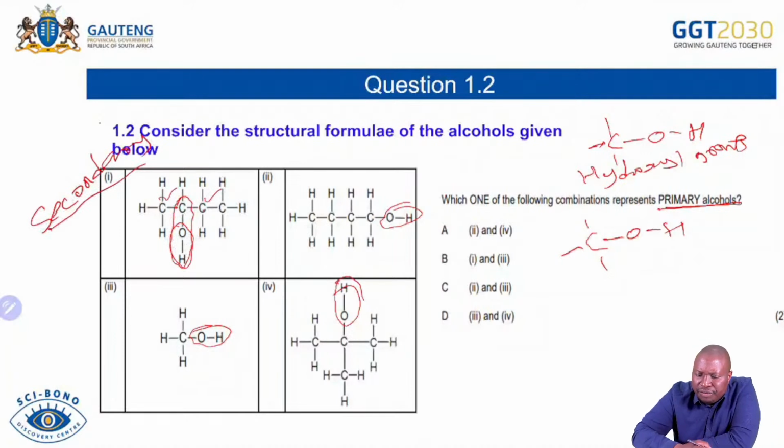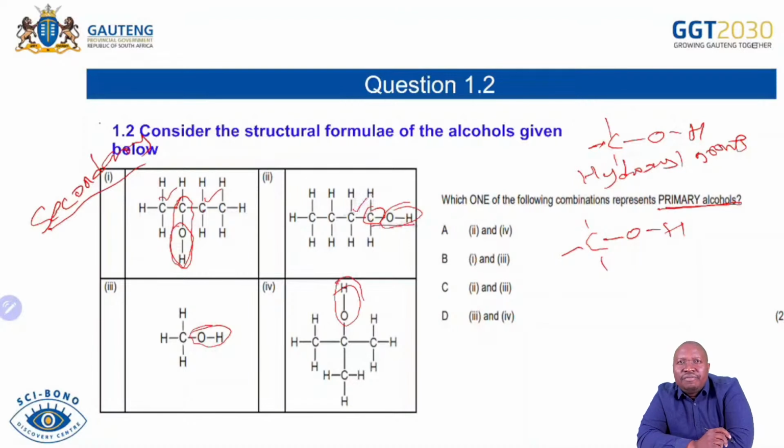Now let's look at Roman figure 2. The carbon that is bonded to the OH, the hydroxyl group, is bonded to one other carbon. Then we'll refer to that as a primary alcohol. When you look at Roman figure 3, we're having our OH, the hydroxyl group, which is bonded to this carbon that is bonded to hydrogen.